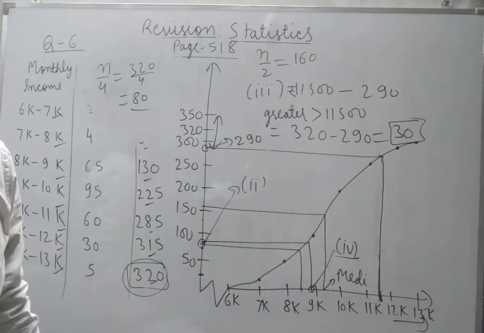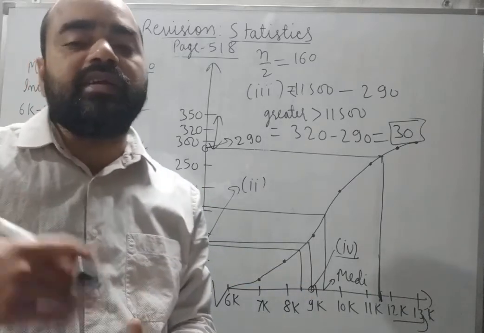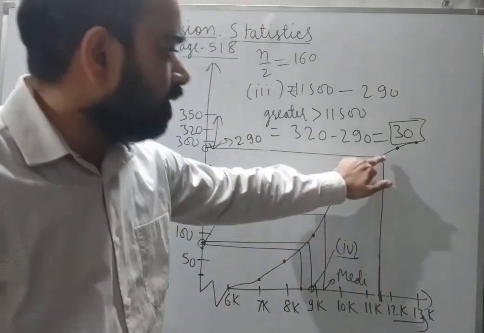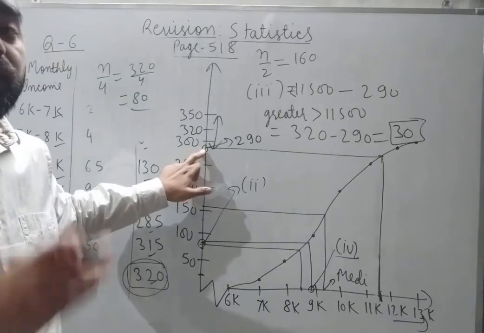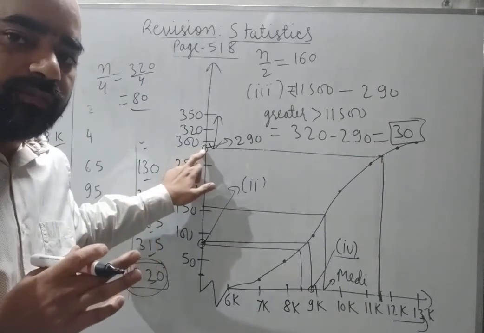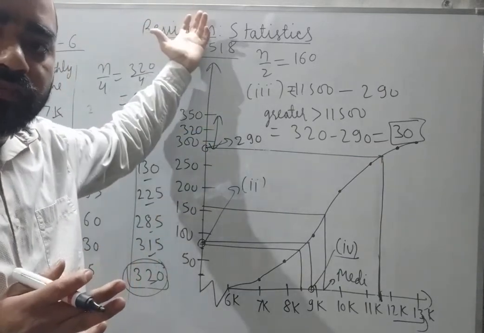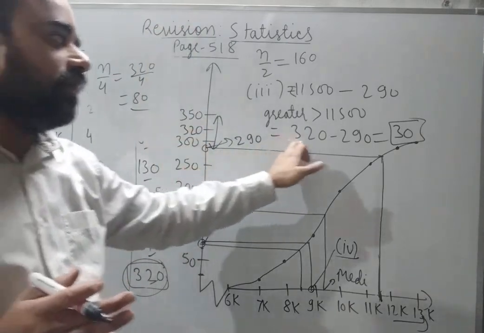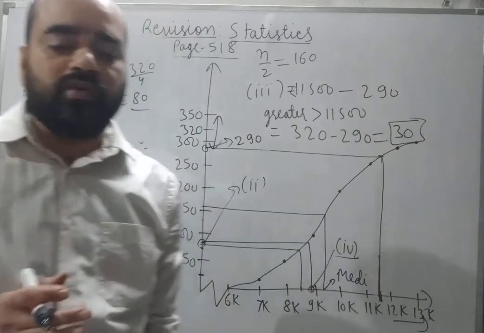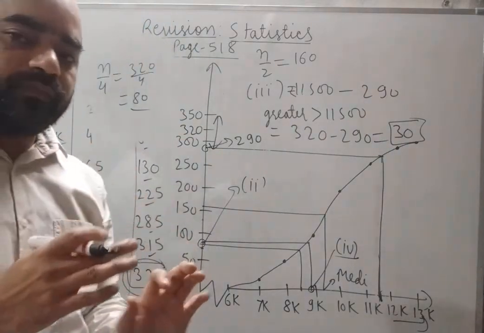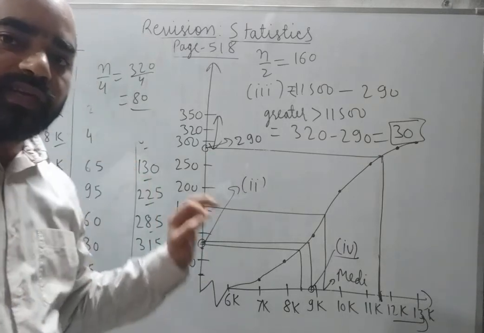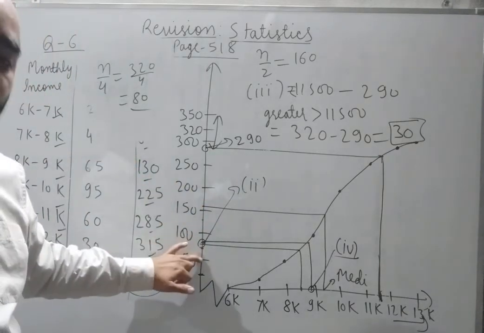Then for the number of employees getting greater than 11,500: again 11,500 on the x-axis, vertical and horizontal. This gives 290 employees for 11,500. But above 11,500 means we find this difference, maximum minus this value. That will give 30 employees. Okay, below means one less. If it is equal to, then we take that value, but here it is below.